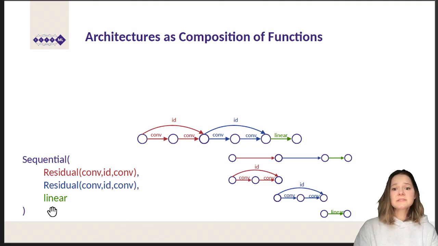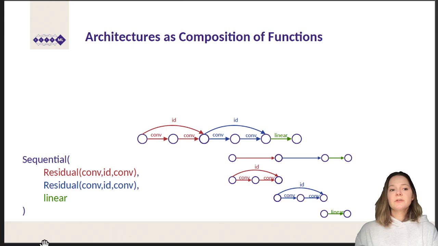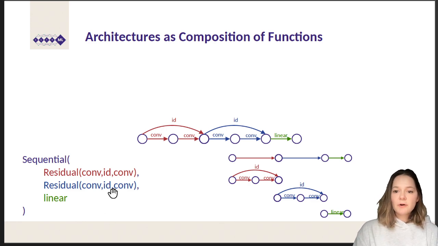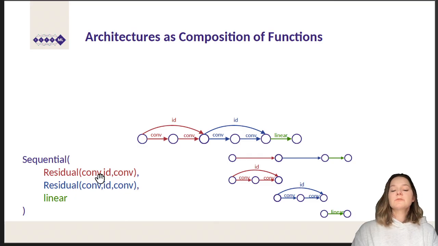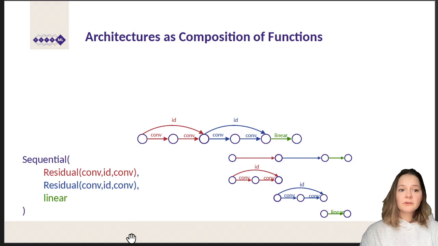And in general, we can see that this example can also be represented as a computation of a multivariate function. So we have our first residual block, which consists of a convolution, a skip connection, and a convolution. We have our second residual block, and then we have our linear layer. So we have here multivariate functions.